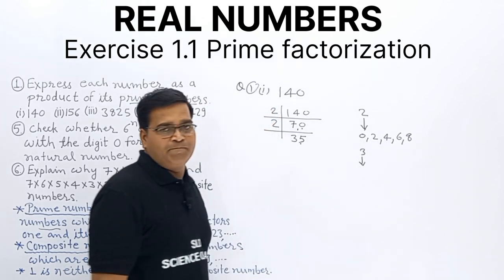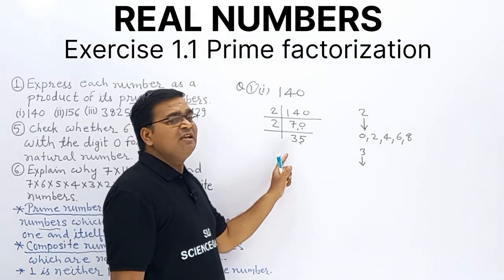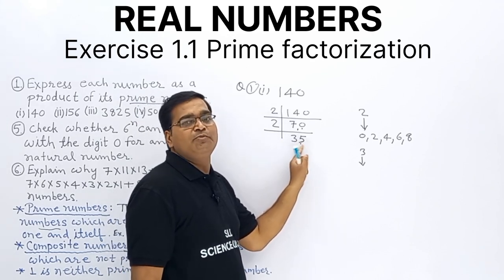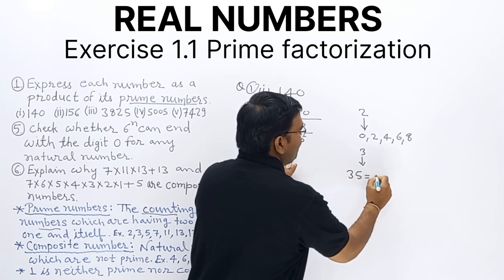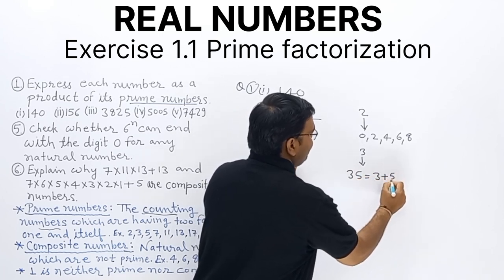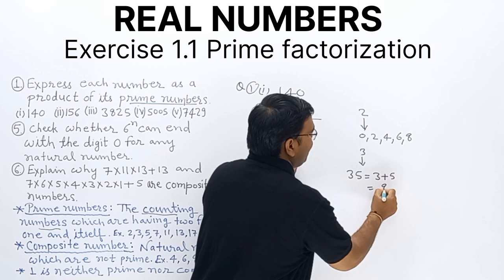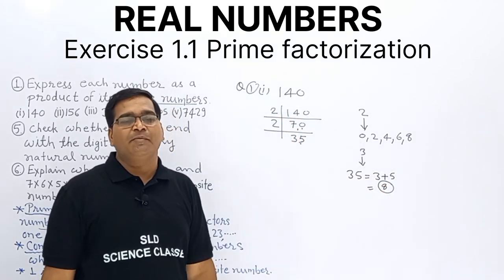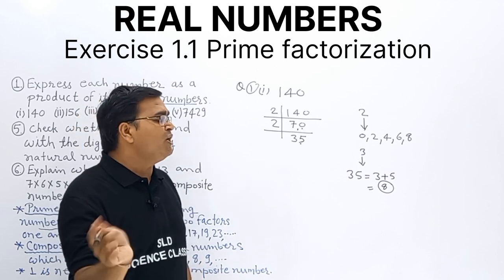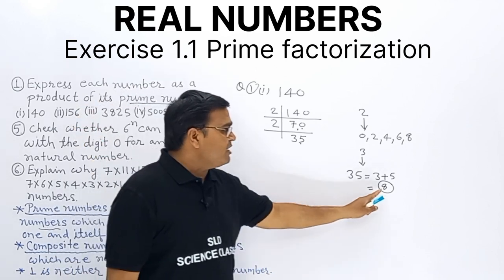For divisibility by 3, we sum the digits of the number. We have 35, and the sum of its digits will be 3 plus 5, which is 8.